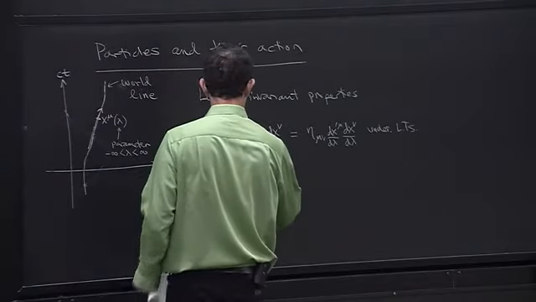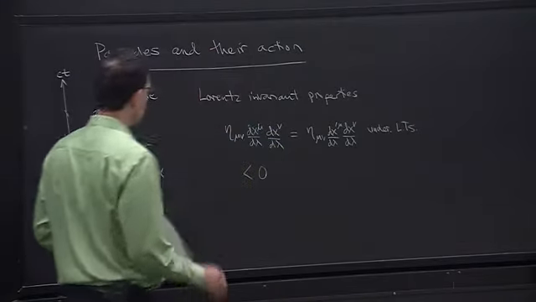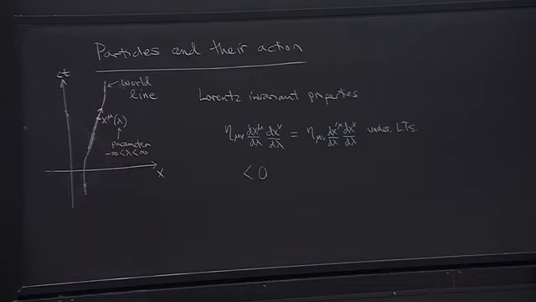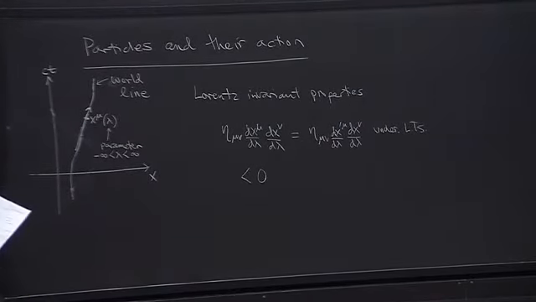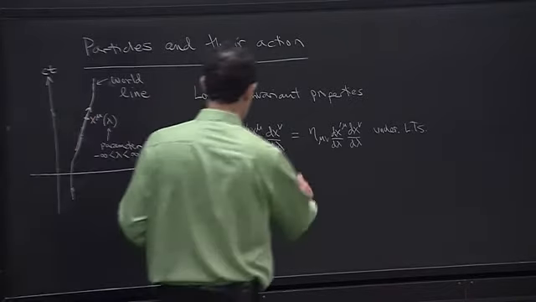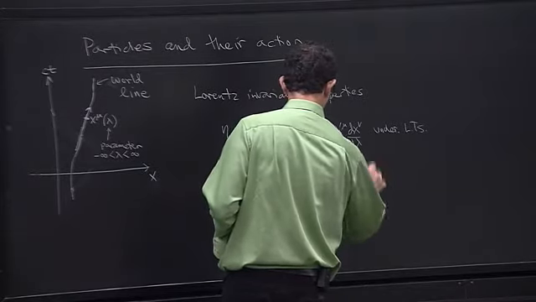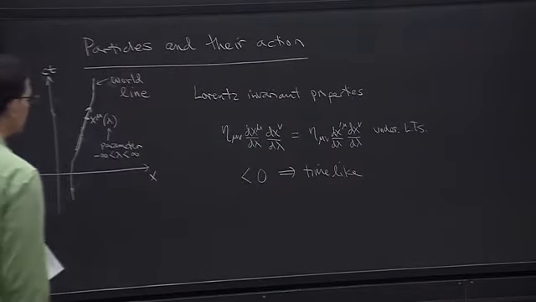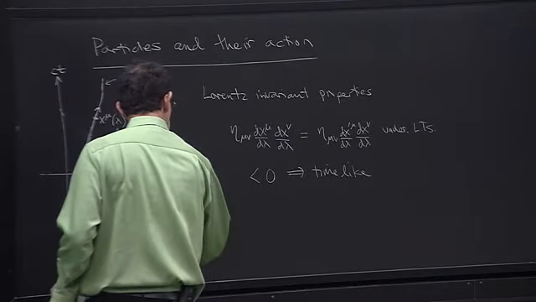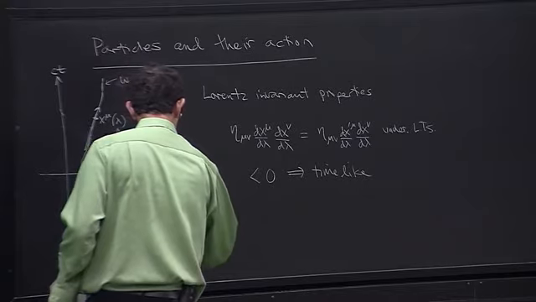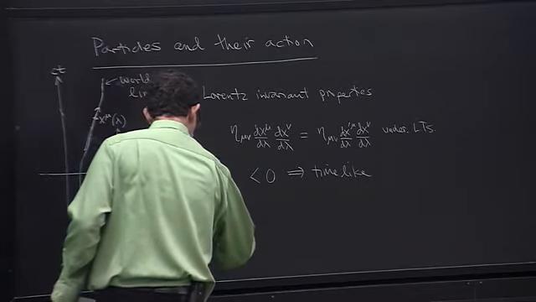In particular, they're all going to agree if it's less than 0. Everyone will agree that it's negative. The value will be the same for everyone. If it's negative, we call it time-like, for obvious reasons. If I write this out, I get something proportional to minus c squared dt squared plus dx squared.